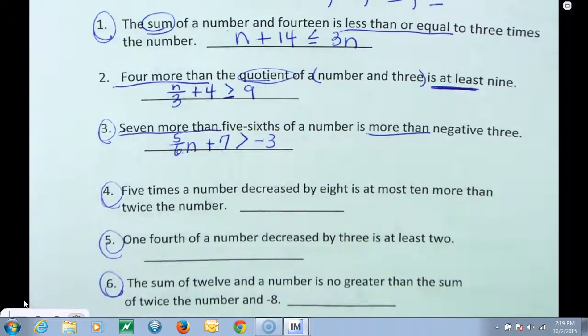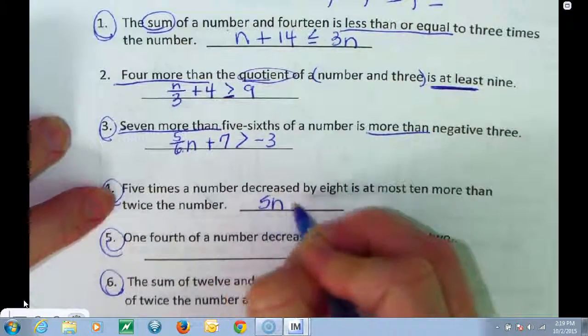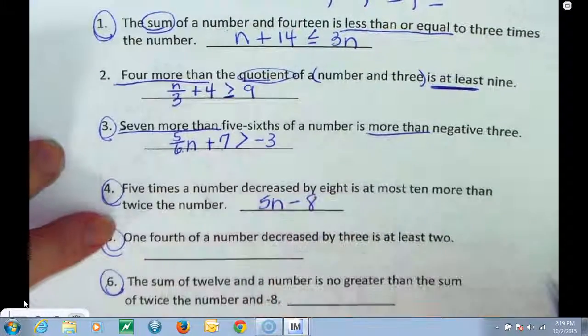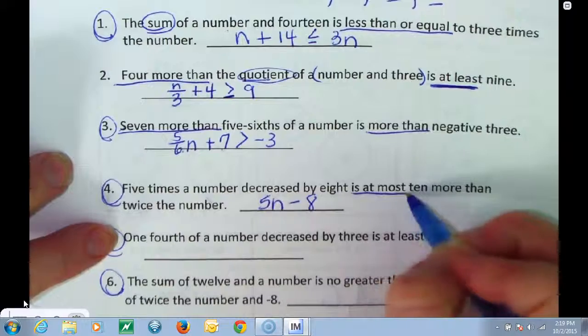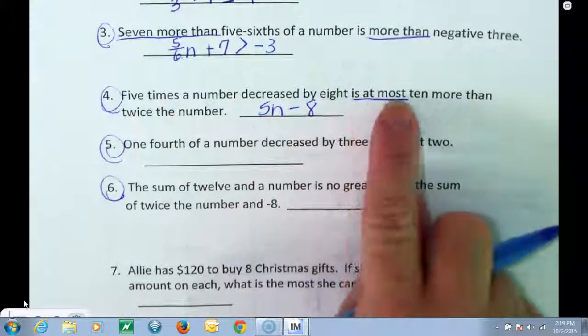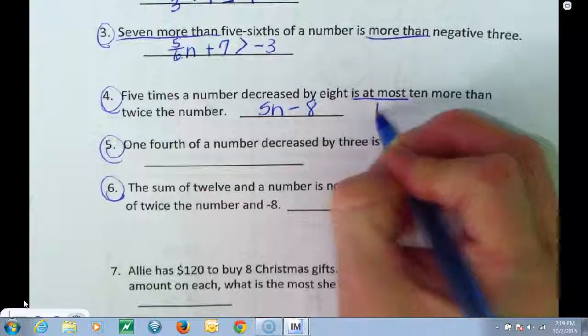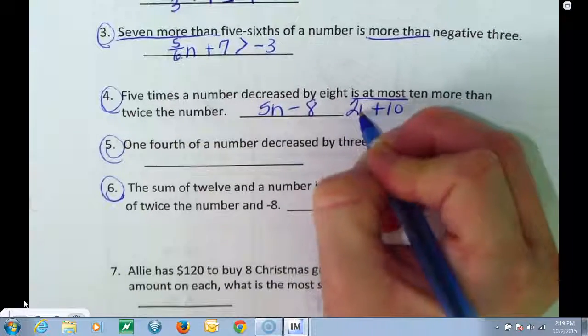Okay, number 4. 5 times a number n decreased by 8 is at most, now that order has to be like that. No, wait just a minute. Is at most 10 more than twice a number.